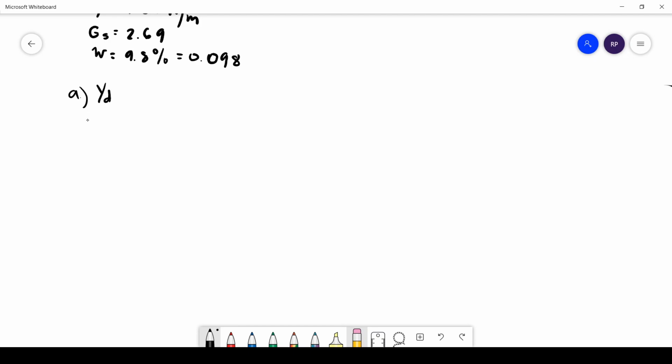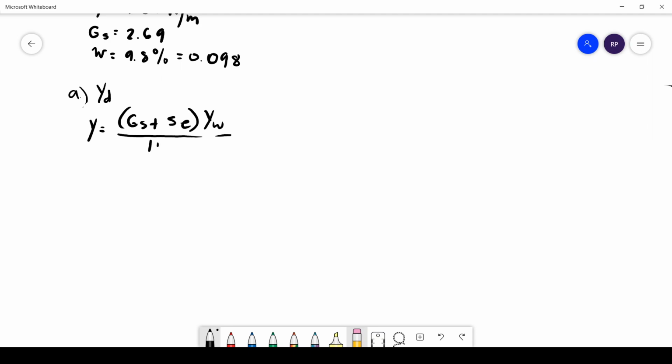So, lista ko na lang yung mga possible na equations. First one is this equation, for the unit weight. Di ko na kailangan sabihin mga to, dapat alam nyo na by now yung equations na to. Discuss natin to last time.